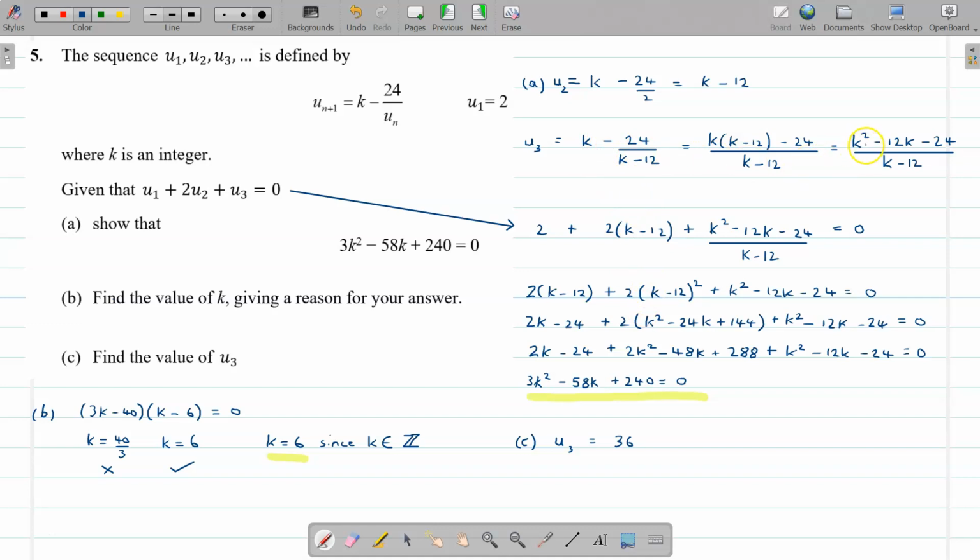In fact, I could probably use this one here, but I'm doing this one now. So it's 6 squared minus 72, and then it's minus 24, and all of that is over minus 6. Okay, and that comes to exactly 10. Okay, question done.